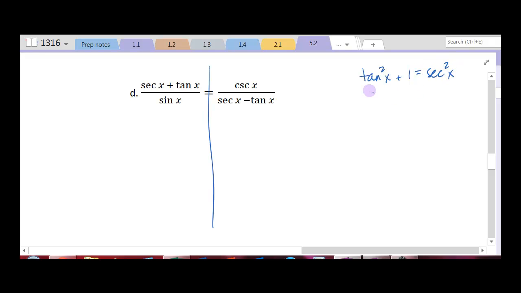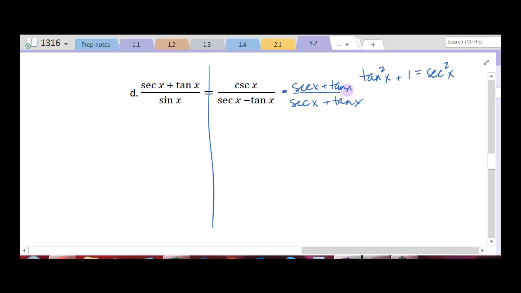So this denominator is kind of like my identity, except everything in here is squared. So what if I take this and I multiply by the conjugate, and I end up with, let's say, secant x plus tan x, secant x plus tan x.